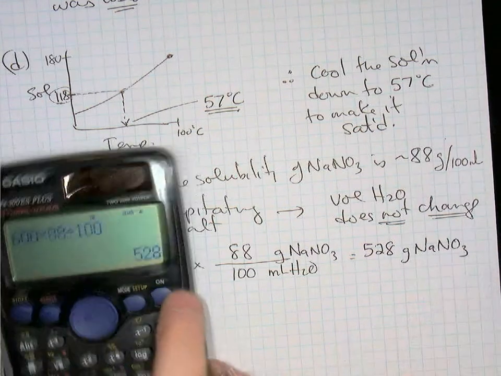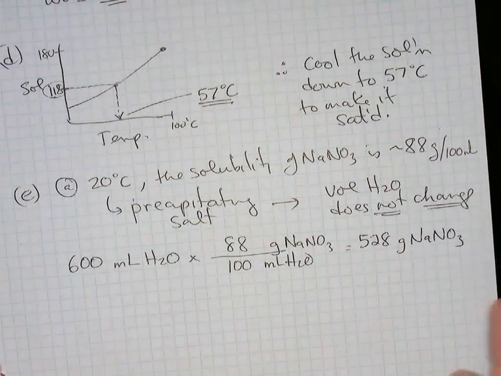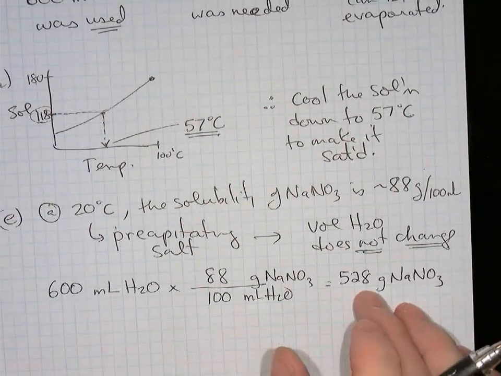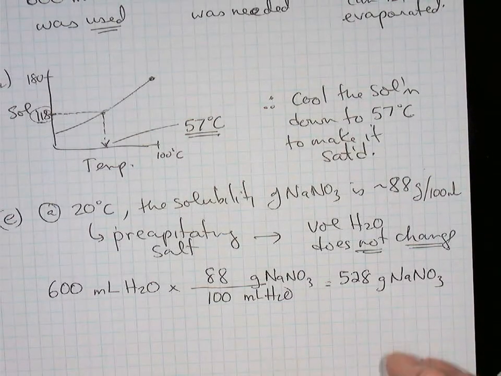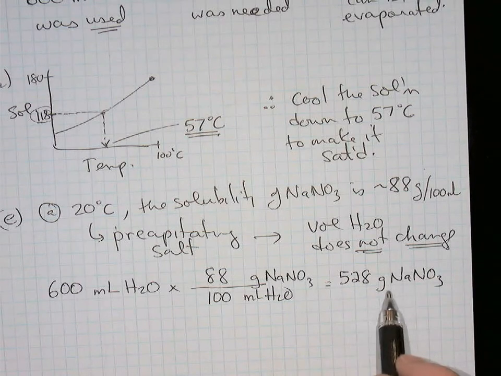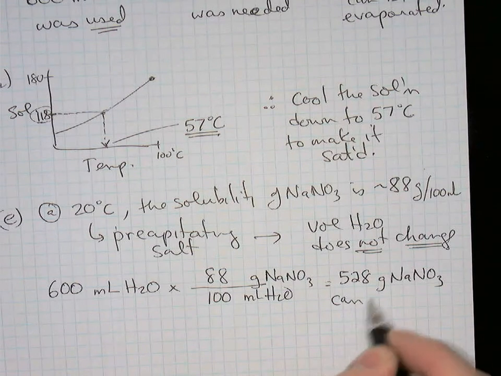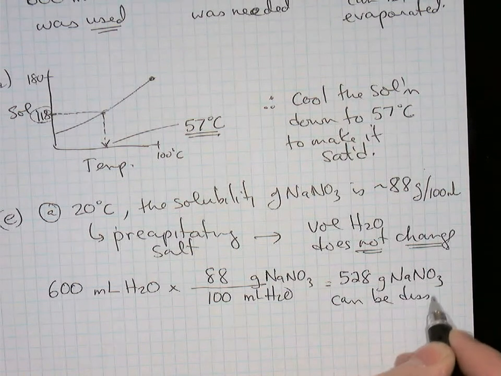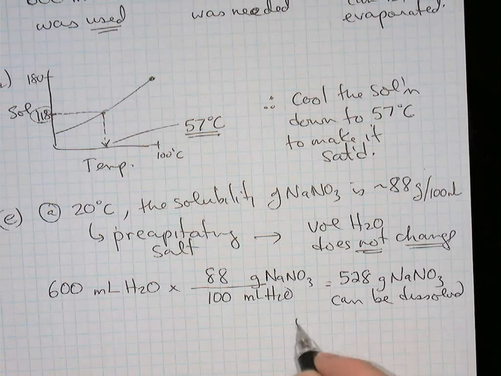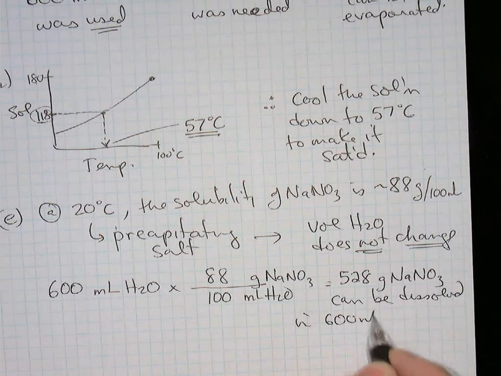Remember, on a test, you're allowed to be off with one significant digit. So having 3 instead of 2 is perfectly acceptable. So 528 grams of sodium nitrate, what does this mean? Can be dissolved in 600 mils of water. At what temperature?